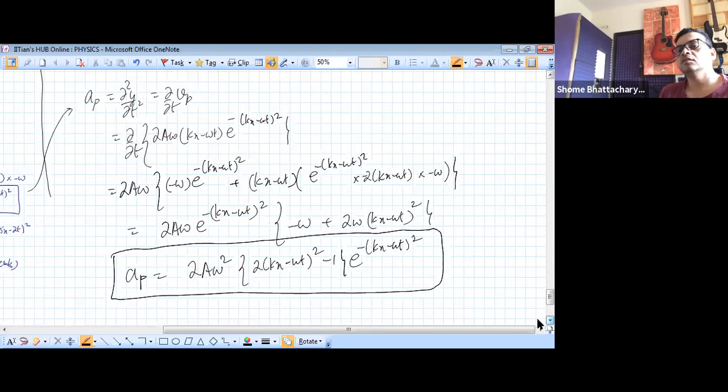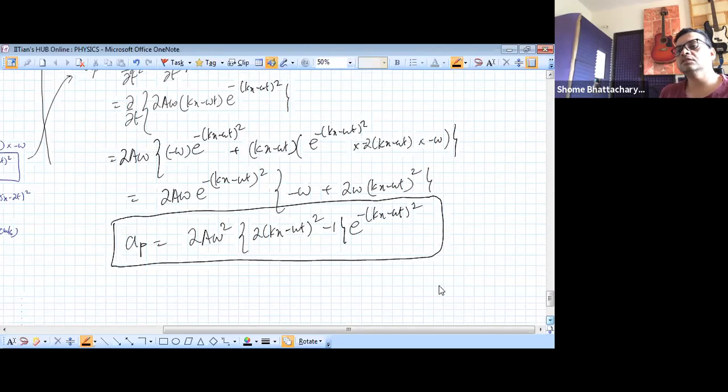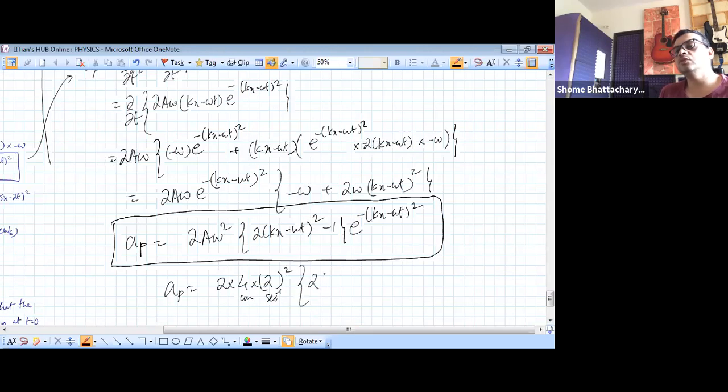So now you can see that for our given function here, it will become 2 times amplitude, which was 4 centimeters, into omega, which was 2 second inverse, whole square, into 2 times (5x minus 2t) whole square minus 1 into e raised to the power minus (5x minus 2t) whole square.